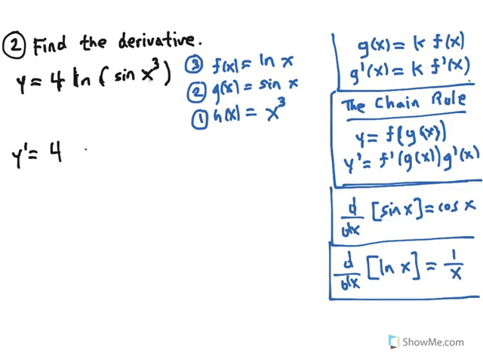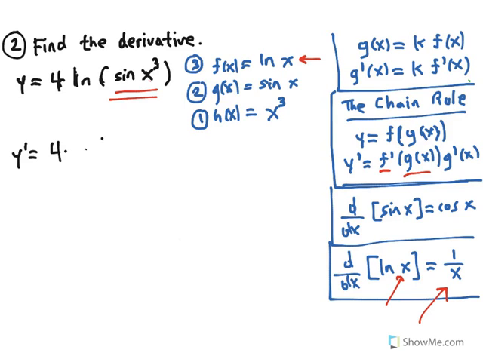So we begin by taking the derivative of the outside function, evaluate it at the inside function. This is using the chain rule. So how do you find the derivative of natural log? It is 1 over the argument. So whatever the argument is, you'll have 1 over that.